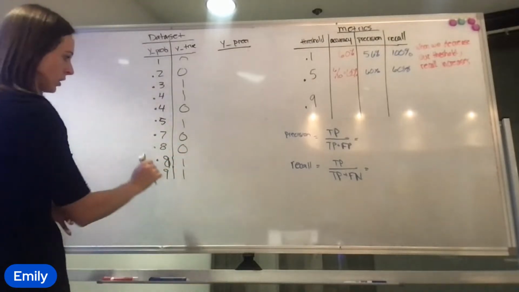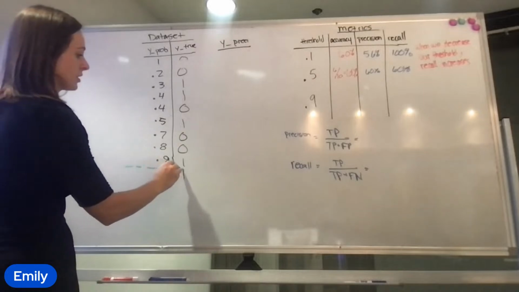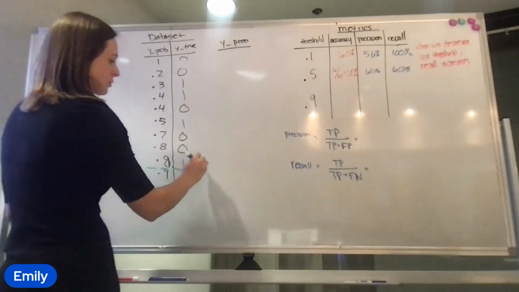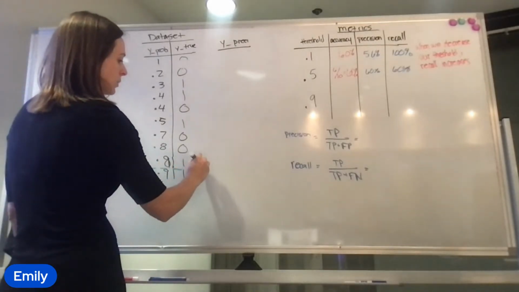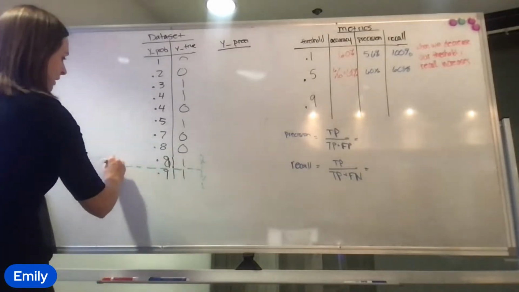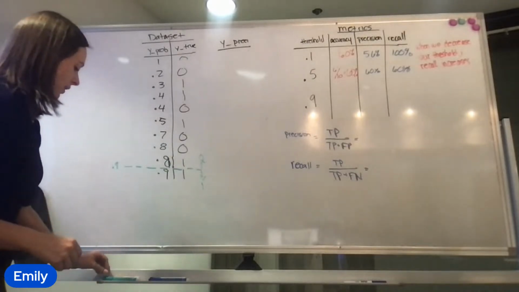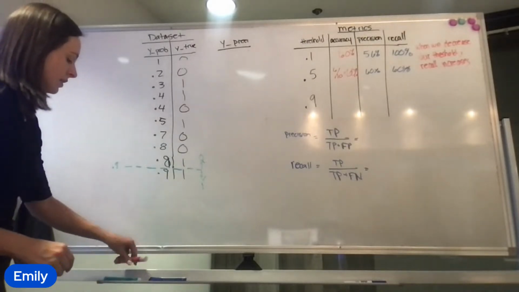We have the same model probabilities. We're just changing something called the decision boundary. We're changing where our decision boundary is. So everything below this is 0, and everything above this is 1. So 0.9. Every 0.9 and greater is 1. Less than 0.9 is 0.